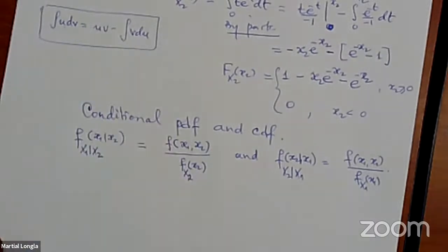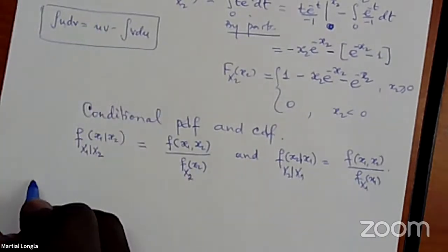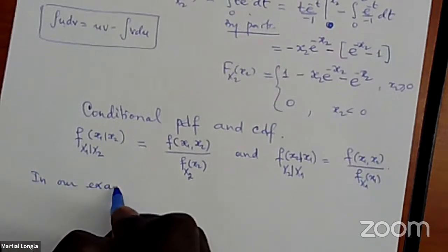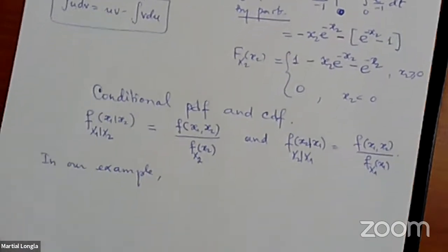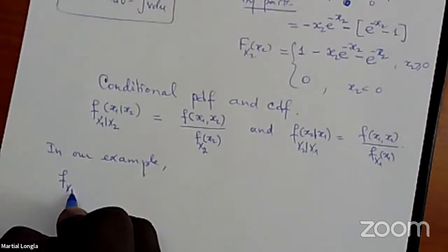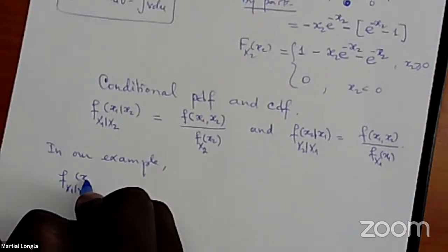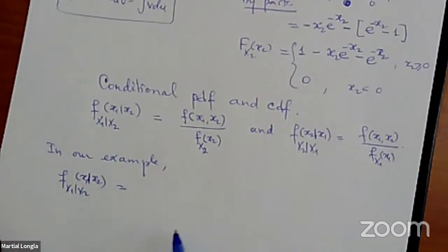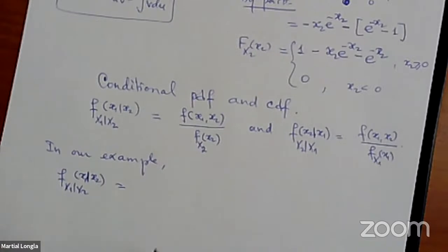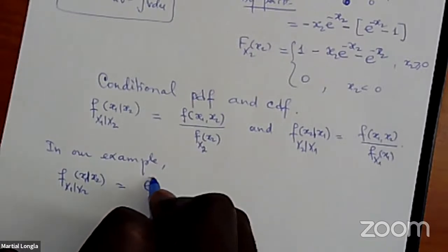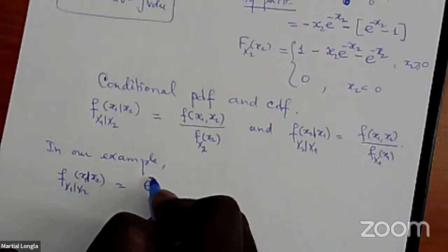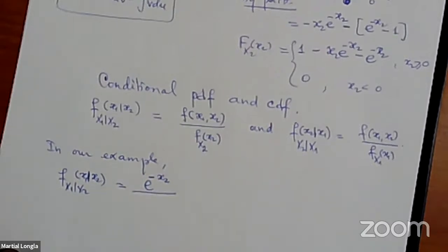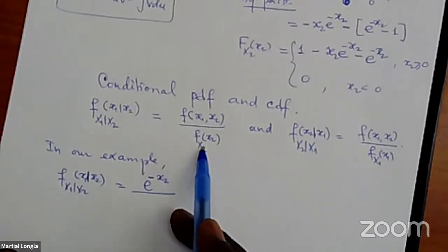In this example, f of x1 given x2 of x1 given x2 equals, what was the joint distribution? e to the negative x2, divided by, what's the PDF of x2?